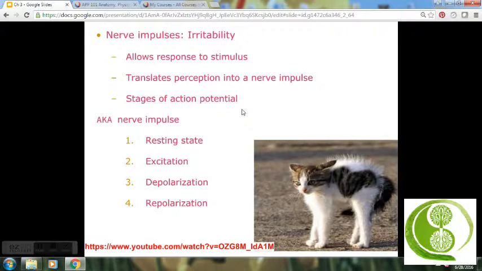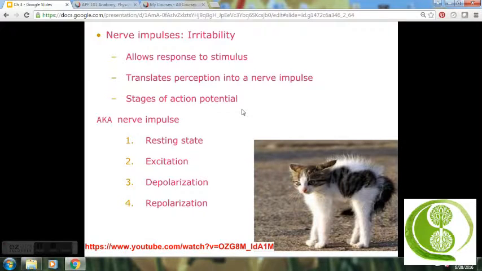So it still has a charge, it's just a balanced out charge. Basically they cancel each other out. Then you have the repolarization. After the sodium gets inside, the permeability of the membrane reverts. That keeps any more sodium from coming in.